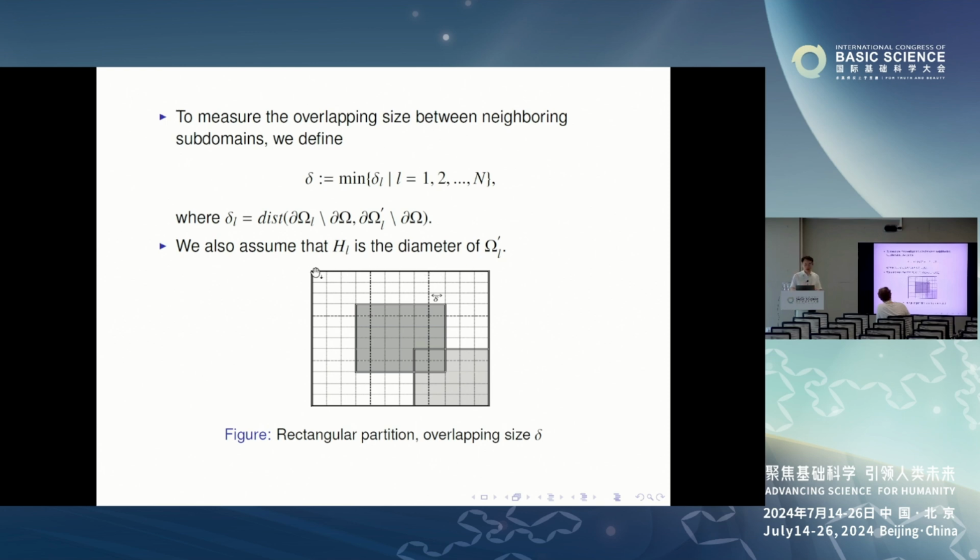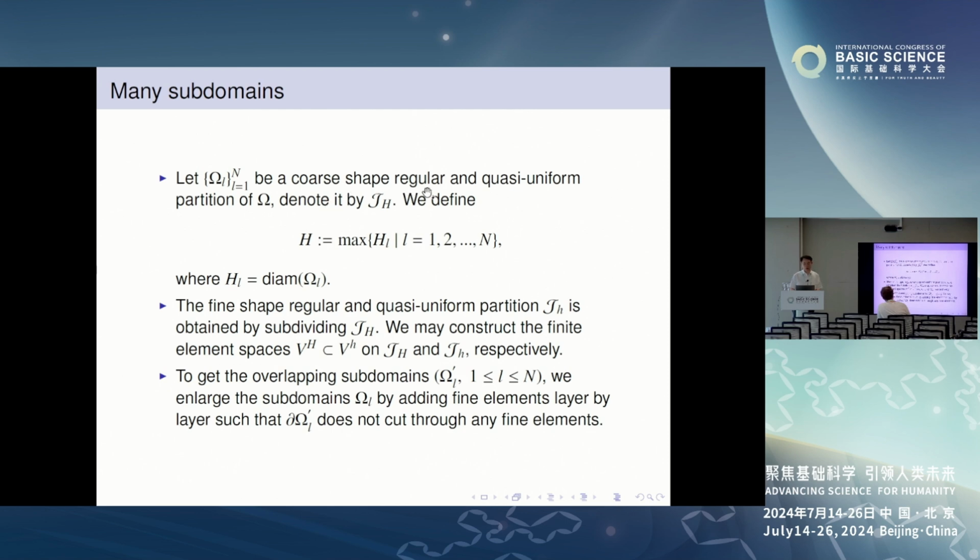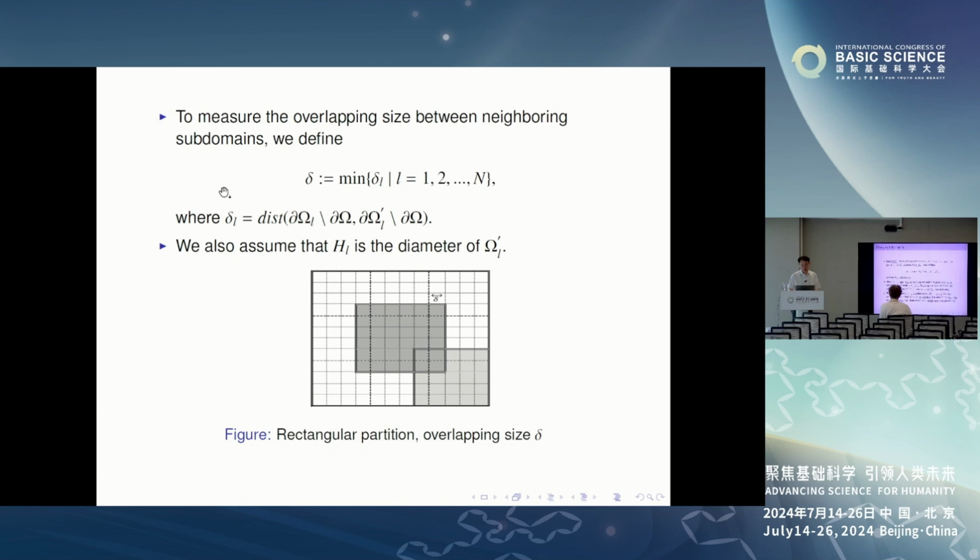First of all, we partition the whole domain to get a coarse shape-regular partition of Omega. We call these Omega l. Here, this is just a nine-subdomain partition. This is the dashed line like this. Okay, this is only 1, 2, 3, 4, 9. This is Omega l. These are subdomains.